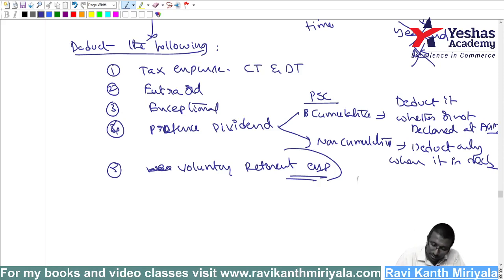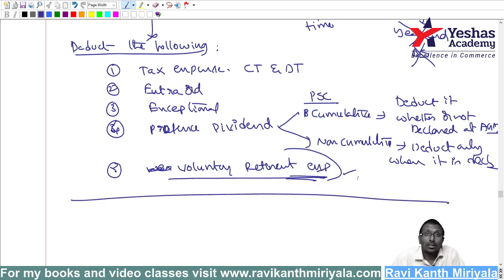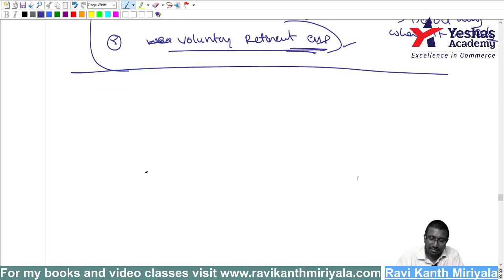If it is already charged, very good, it is already deducted from the profit. So this is the basic information with respect to the numerator. Now let us focus on the weighted average.